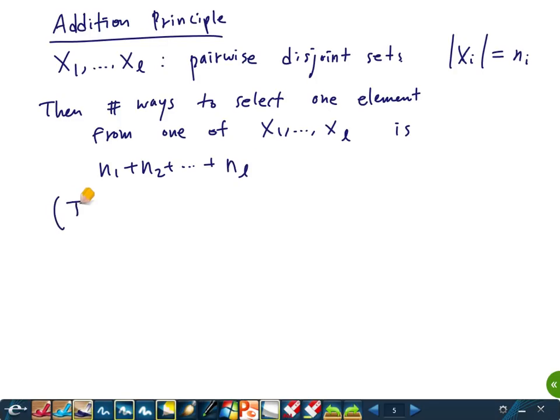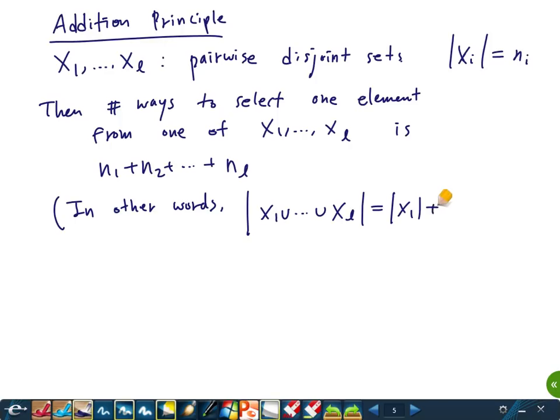So in other words, a quite trivial thing, the cardinality of the union of X1 through XL is the cardinality of X1 plus dot dot dot plus XL if they are pairwise disjoint. Yeah, it's pretty obvious, right? They don't have anything in common, so it must be the case.